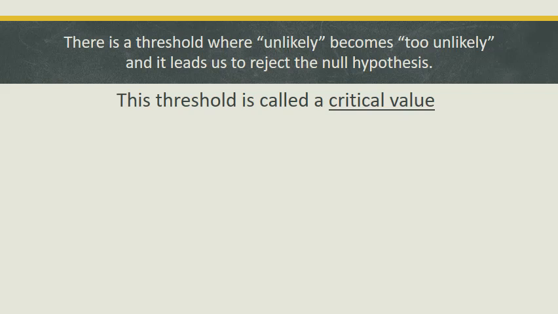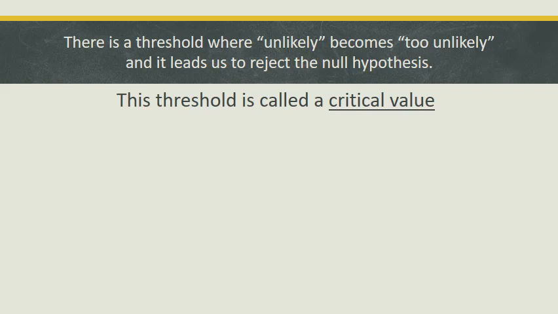Somewhere in between these numbers is a threshold where reasonably unlikely becomes too unlikely to believe. This threshold is called the critical value. It is the cutoff point that determines whether or not you decide to reject the null hypothesis.